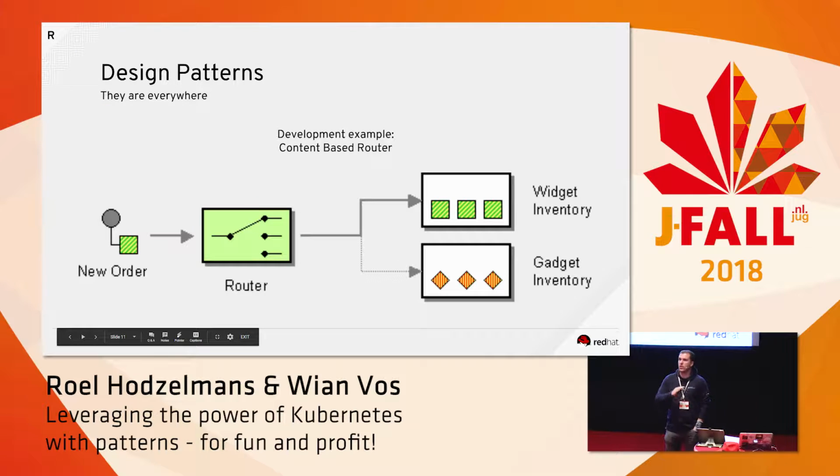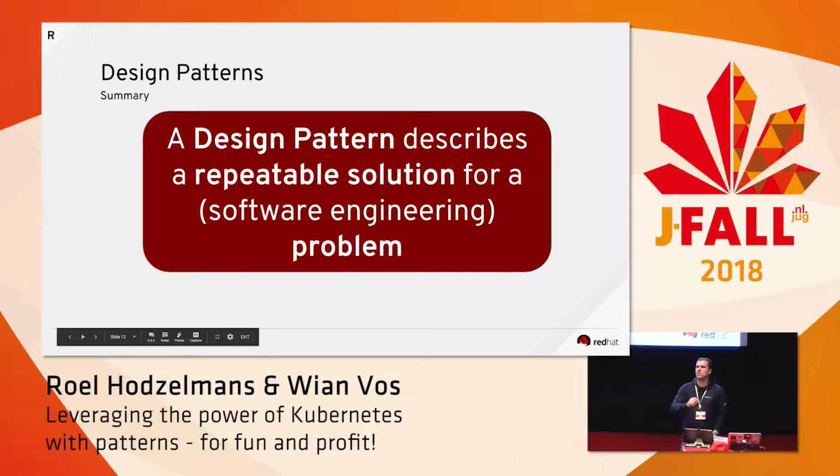Content-based routing, it's all over. And I could go on and on. But in essence, this is what we're talking about. A pattern is nothing more than a simple way to describe a repeatable solution for an engineering problem. It's that simple.